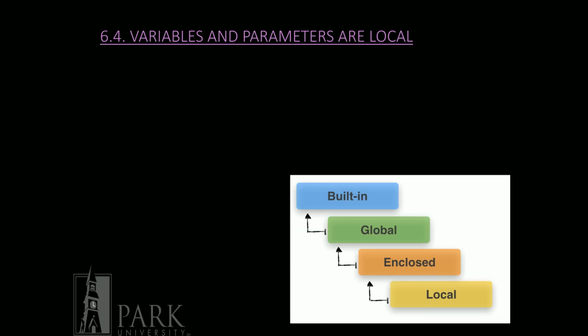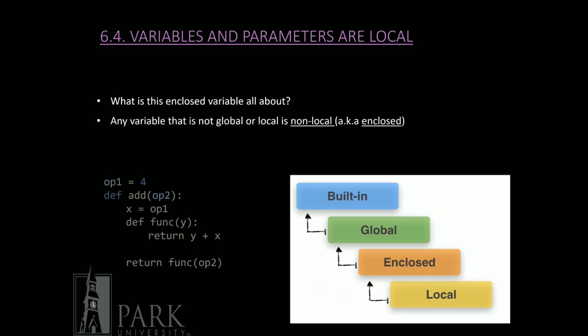Now I know I've been throwing around terms, global, local, and enclosed, and it can get kind of confusing. So let me try to clarify a little bit more, especially the enclosed part. Any variable that is not global or local is what we'd consider non-local or enclosed. So in this bit of code right here, you can see that x is local to the add function, but in this one, x is not local because we have this other function right here.